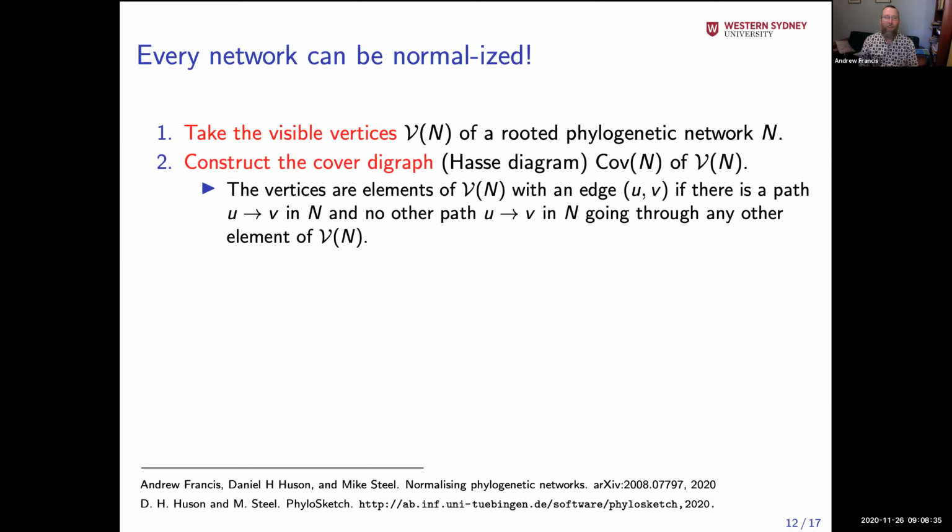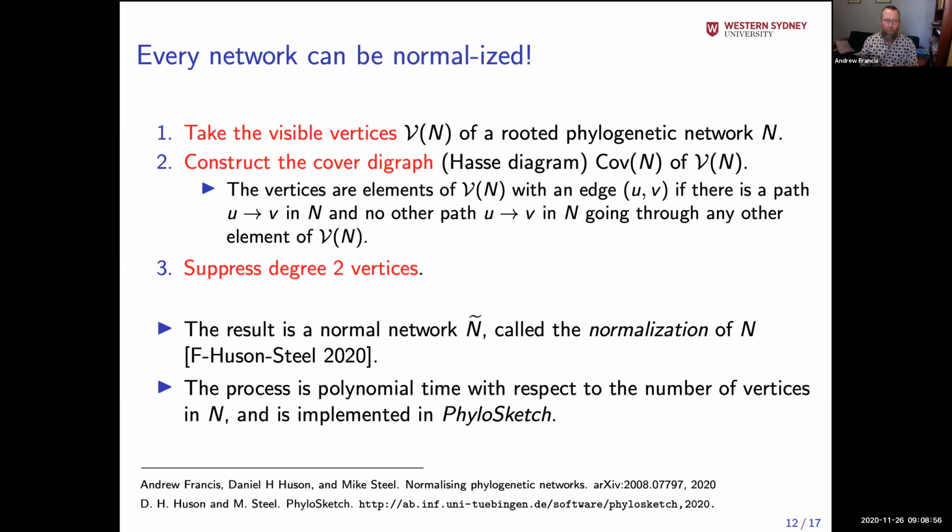The vertices in your cover digraph are just the visible vertices, and you draw an edge between two of them if there's a path between those two vertices in the network, and there's no other shorter path. So you've got the minimal cover digraph there. And then you just suppress all the degree 2 vertices that result, and that's your normalization of your network. It's very fast, and Daniel's implemented it with Mike in some software.